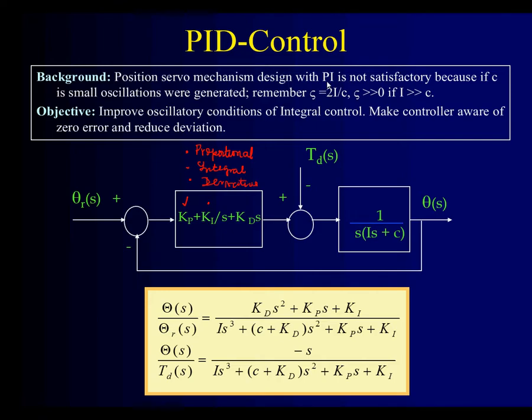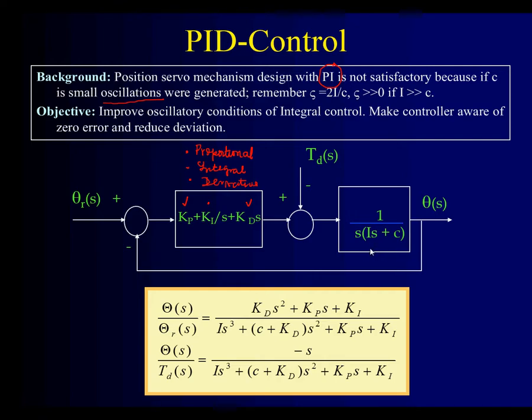For example, you have this position control. It says that only with PI is not satisfactory, because if C is small, oscillations are generated. You don't want a system that oscillates when you only have integral control. So you need to enter this derivative control, which is like damping on the system, and you enter it here. If you have S times S, this is S squared.